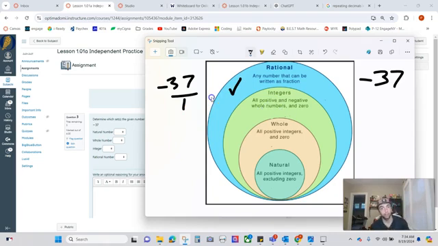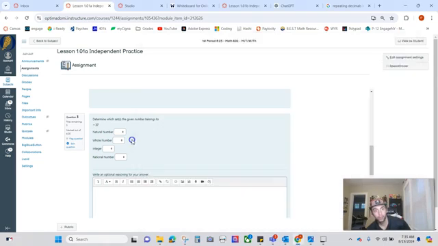Yeah, it's a positive or negative counting number. There's no decimal after it, so yes, it is an integer. But it's not a whole number because whole numbers are only positive or the number 0, and natural numbers are only positive counting numbers. So it's a rational number and an integer.